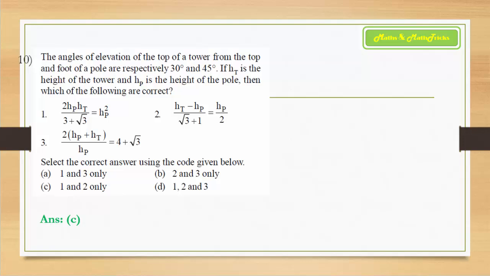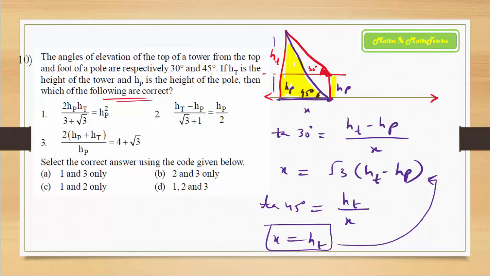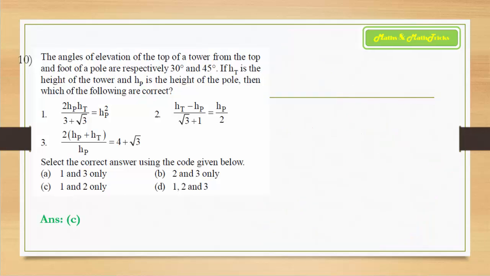But let me look at the simplification part for you. Using this X value HT and the earlier equation that we obtained, we can verify that statements 1 and 2 hold true.